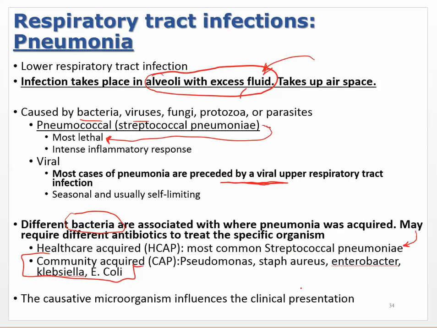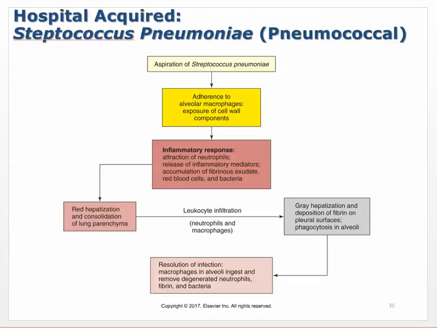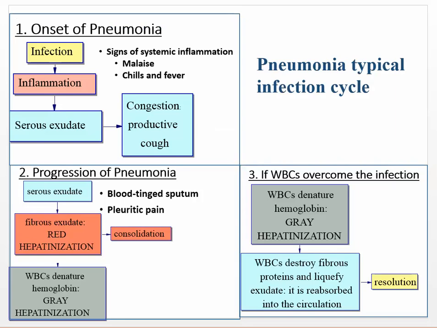Causative microorganism influences the clinical presentation. Okay, so how it presents. Now here's a flow chart that takes us through it, but I like this one better. It's kind of the same thing, just broken up a little bit more. So the onset of pneumonia, signs of systemic inflammation. Okay, malaise, chills, fever. You have an infection.